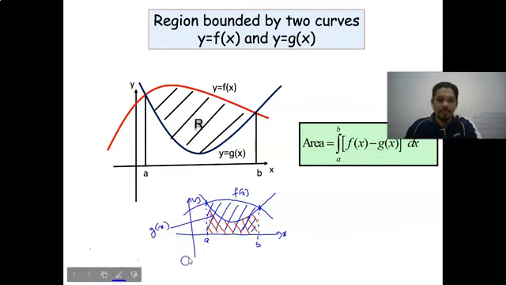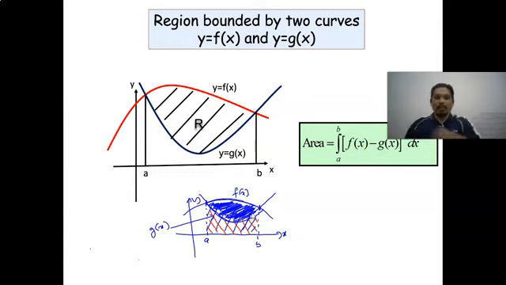So now, the whole area between f(x) and the x-axis minus the area between the curve of g(x) and the x-axis, the red line here, is the area that we get. So this is the area, the result of R, as you see here.